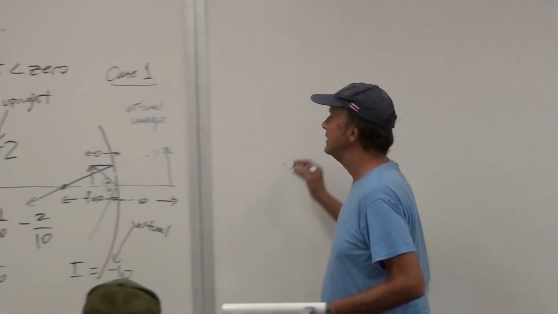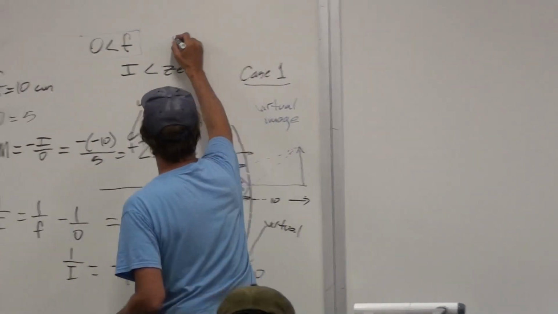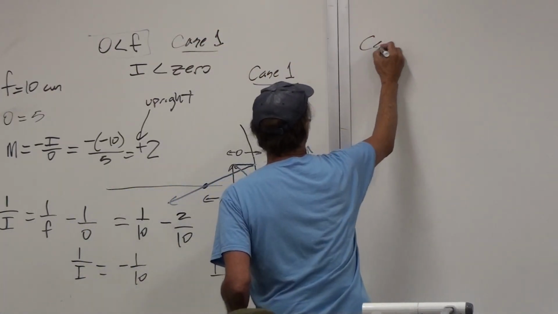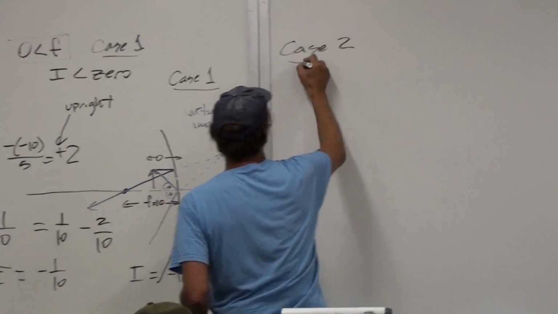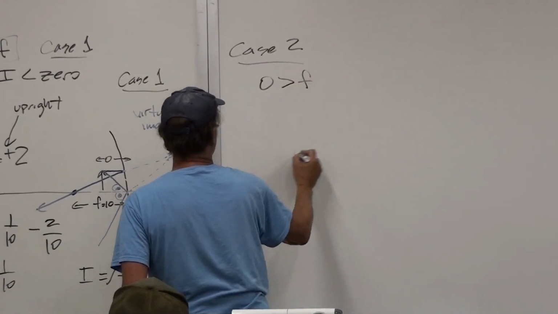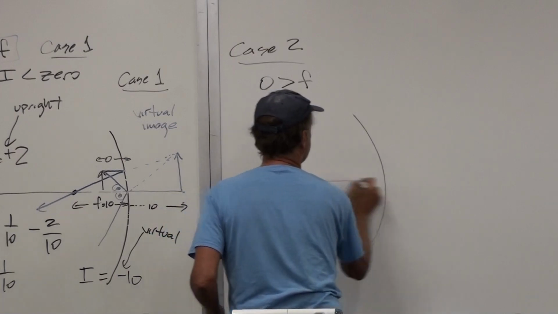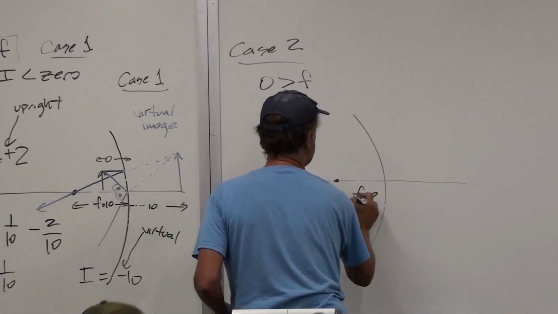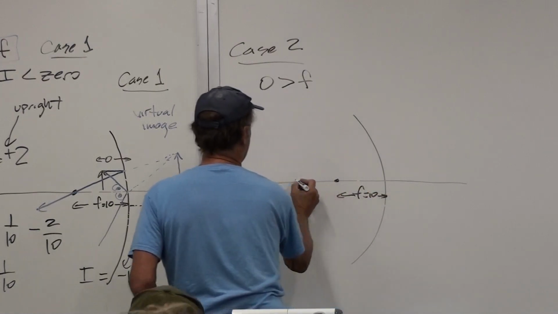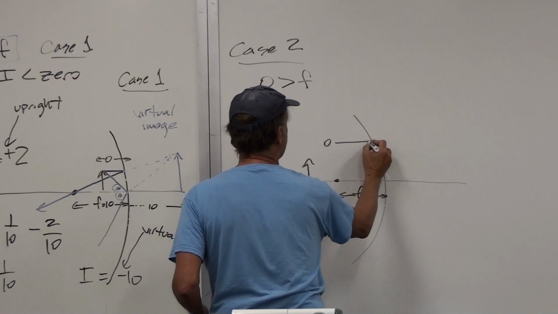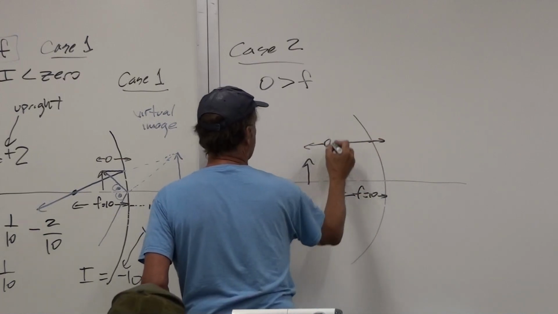Okay, but in case 2, I'm calling this case 1. Call this one case 2, we'll put the object distance greater than the focal length. So if we do that, then let's keep the focal length at 10 centimeters. And let's put the object now 15 centimeters away from the center of the mirror.